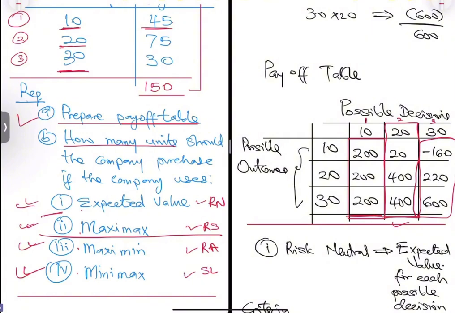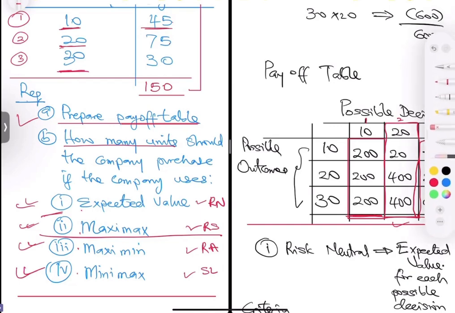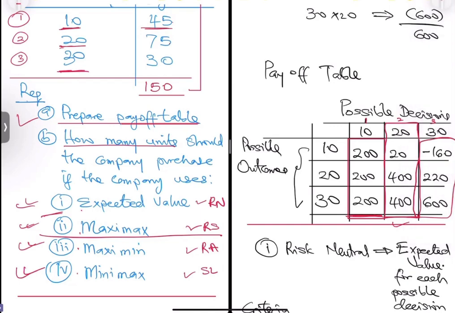If you are maxing, which one do you think we would take? 30? Would it be 30 units? 30 units, okay. That is 30, because look at it. These are the possible outcomes: 220, minus 160, 200, 200, 400, 400 to 600.